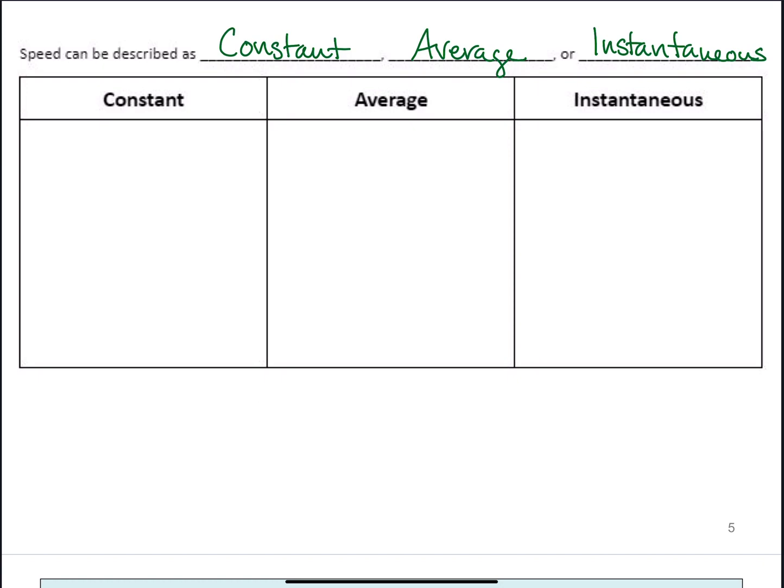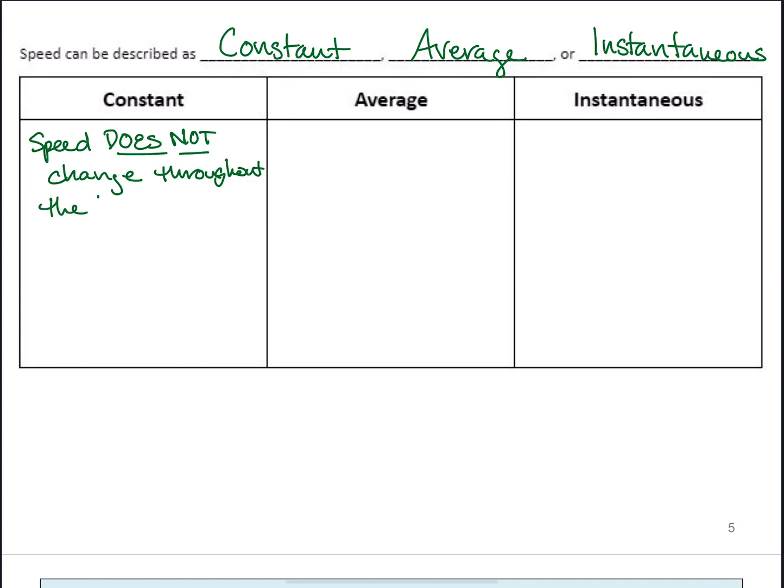If you say that the speed of an object is constant, then that tells me that the speed does not change throughout the trip. This happens most often to you if you're driving on a highway. You tend to put on the cruise control or you go about the same speed the entire time. That would be an example of when you might be using constant speed.